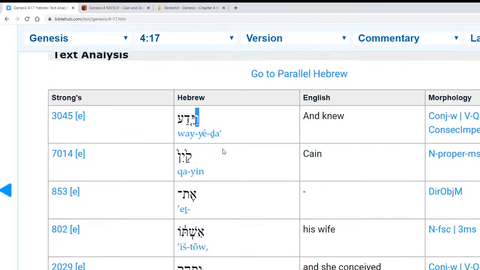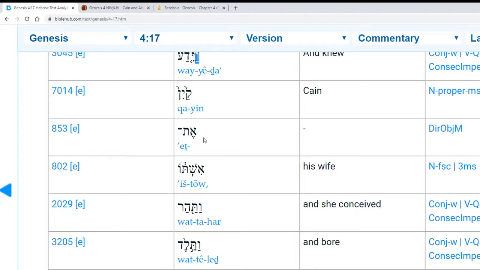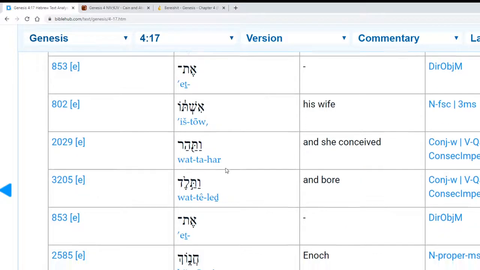We've discussed this before. This is in the euphemistic. Cain et ishto, direct object marker. Ishto, his wife, right? So it's Isha, woman. Ishto is his wife. The hey turns into a taf and the vav means his.